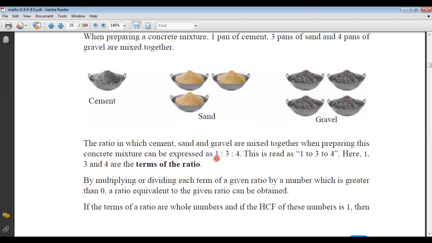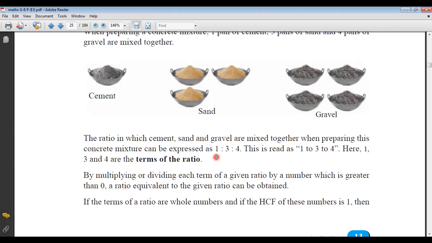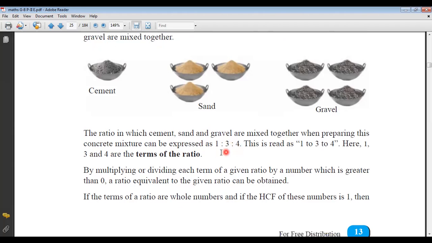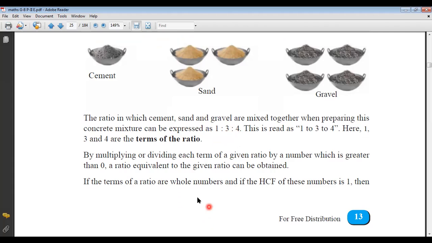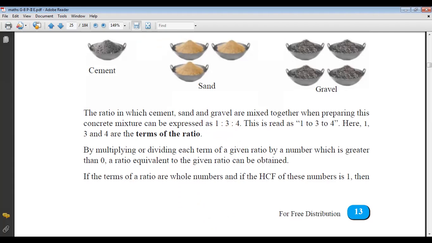If you multiply 1 by 2, then you have to multiply 3 also by 2, and 4 also by 2. Then 1 times 2 is 2, then 6 and 8. I will explain in my note.